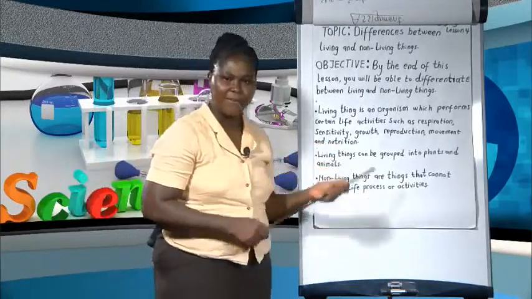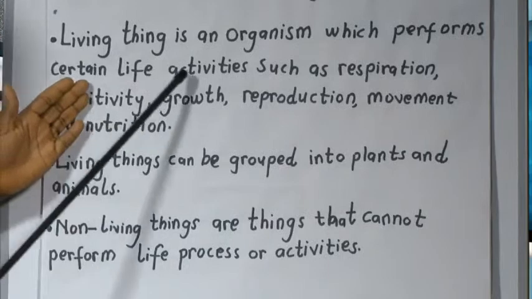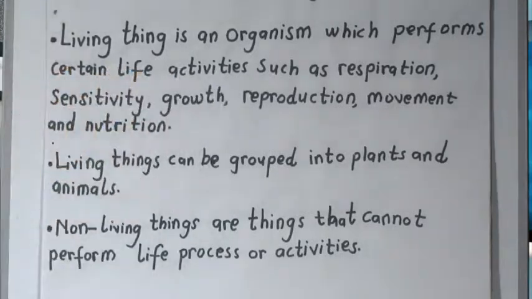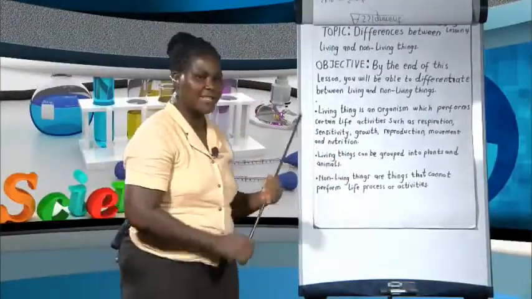Sensitivity. Now all these life activities that we are mentioning, living things can do. So let's look at the things that the living things can do. And we said respiration, sensitivity.